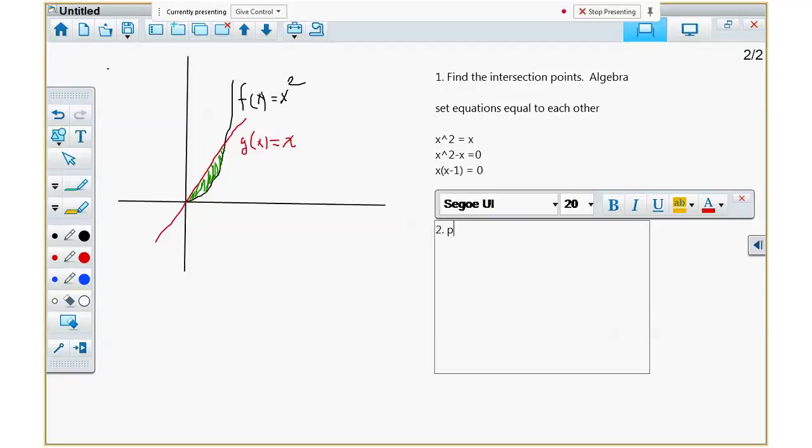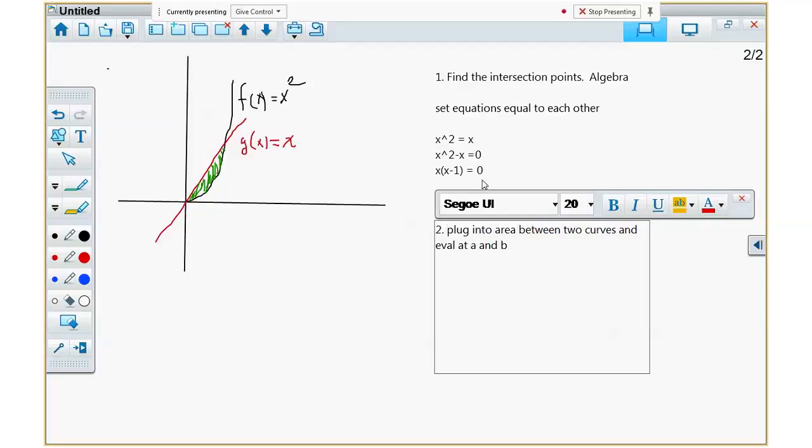Plug into the difference of area between two curves and evaluate at A and B.